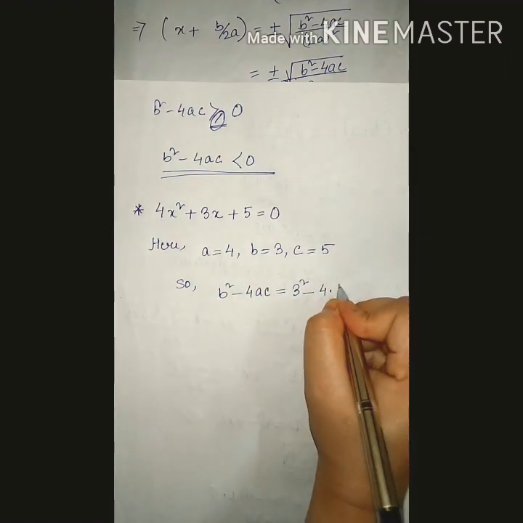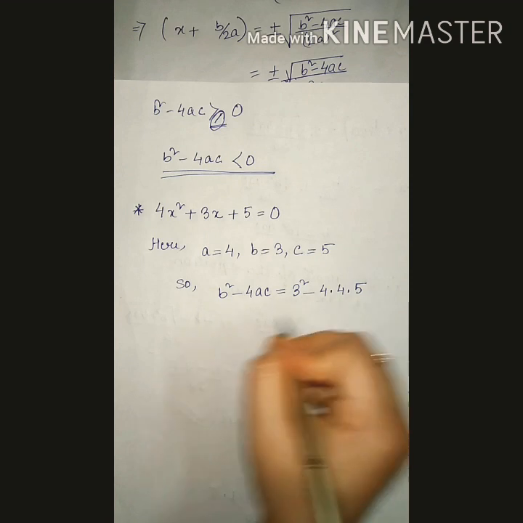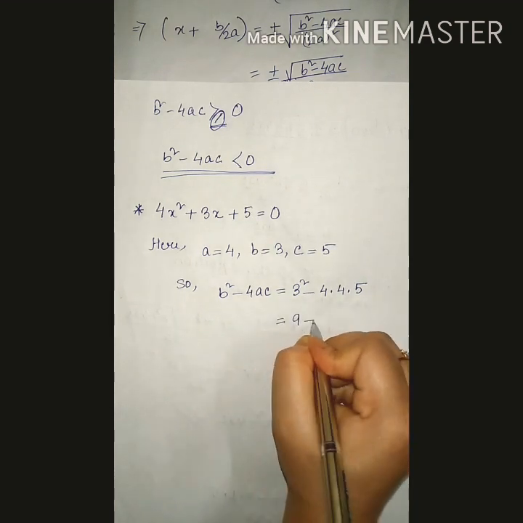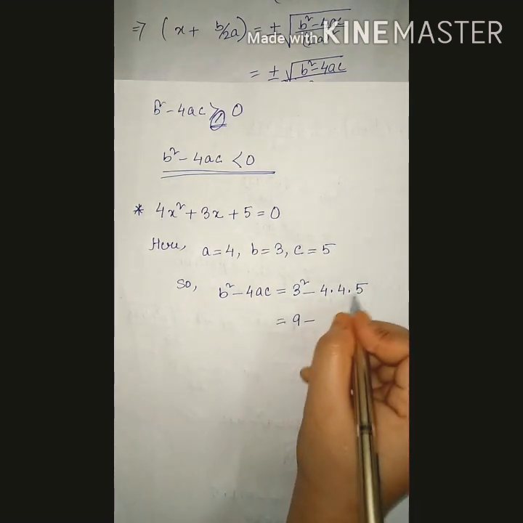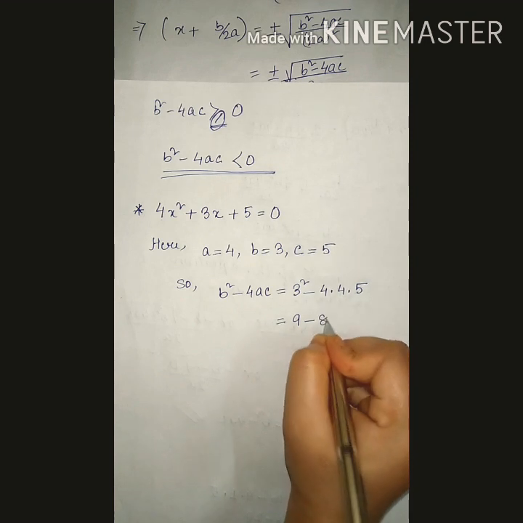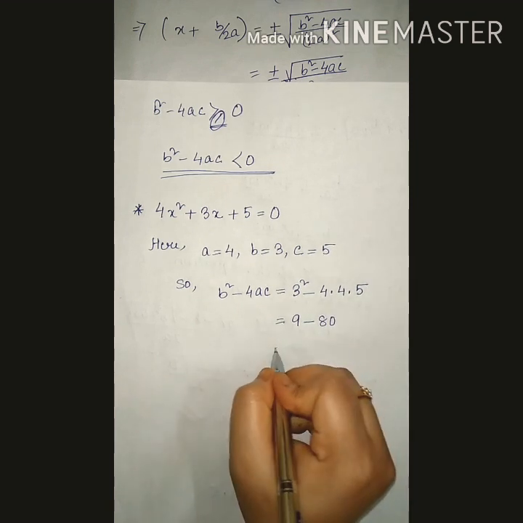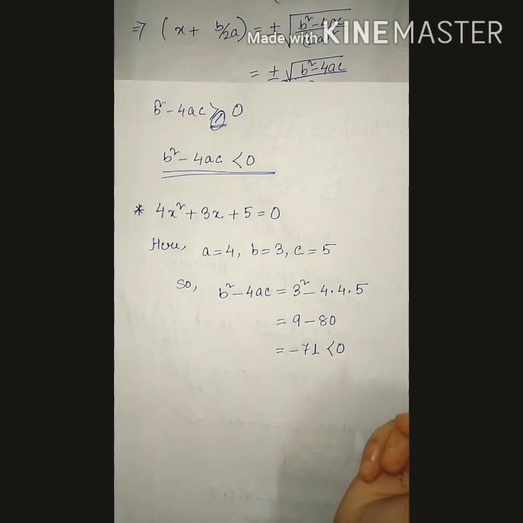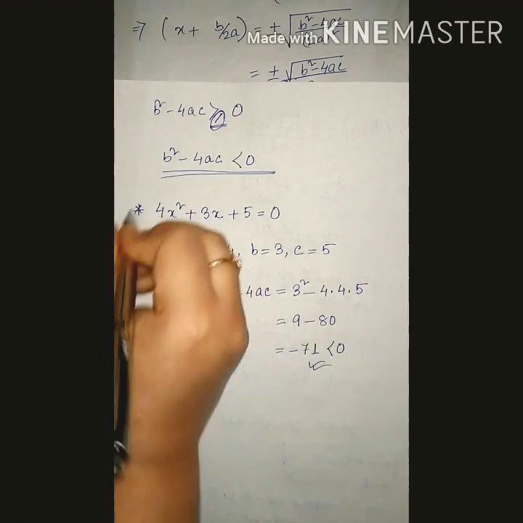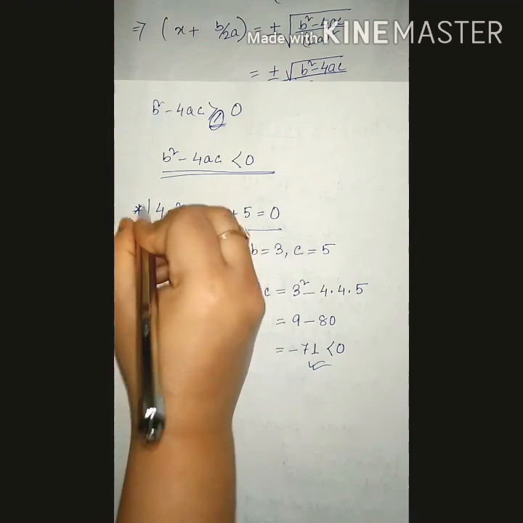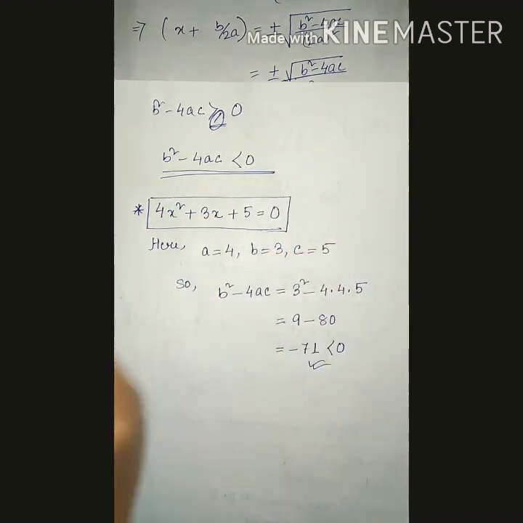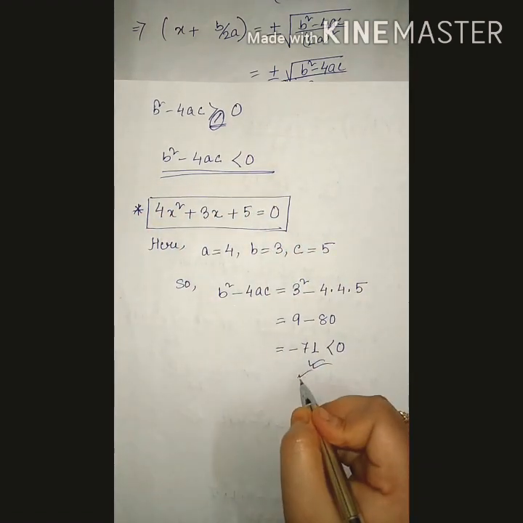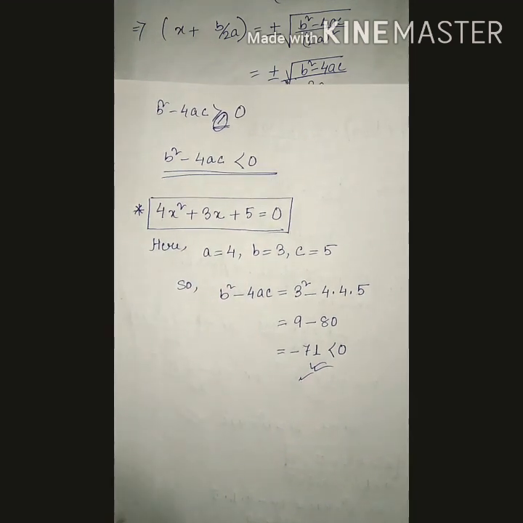The value of a is 4 into c. That means 9 minus 20 into 4, 80. That means you are getting a negative number which is less than 0. Here also for this equation you will get no real values. Up to this you will write, and then you can write that the given equation has no real values.